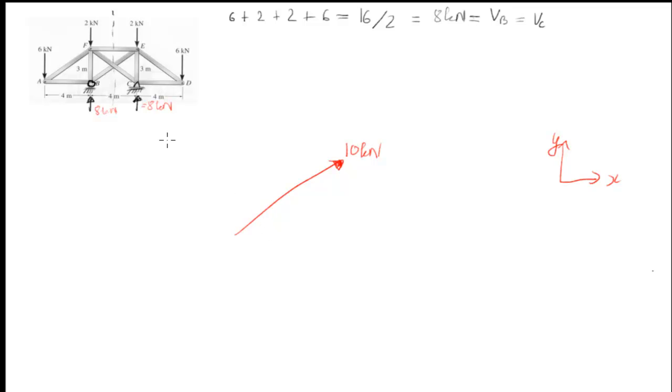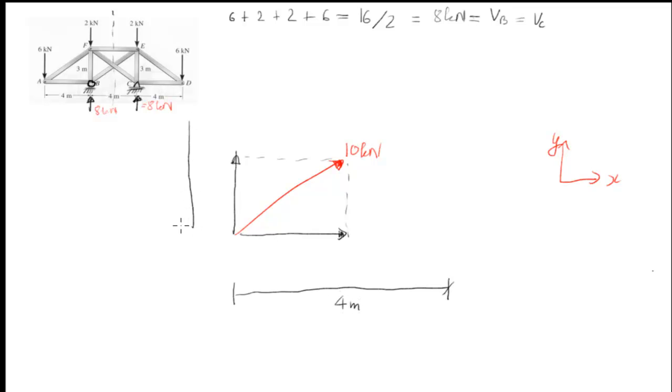So what you normally do is find the 2 resultant forces, one in X and one in Y. For example, the distance of this force is say 4 meter, and the distance of this force is say 3 meter.